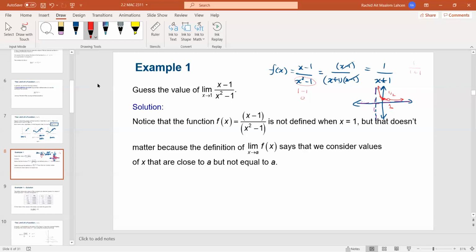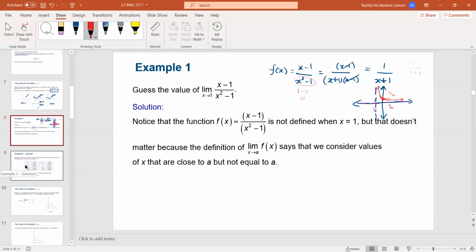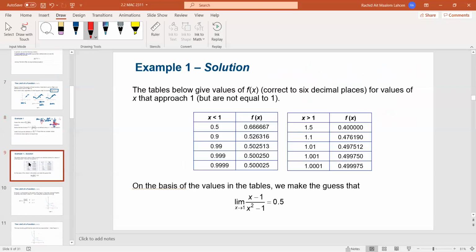I just gave the introduction as a review, but let's investigate. So we're interested in finding the limit of this function as x approaches 1. Approaches 1 means not 1. So we are interested in the values near 1, but not exactly 1.